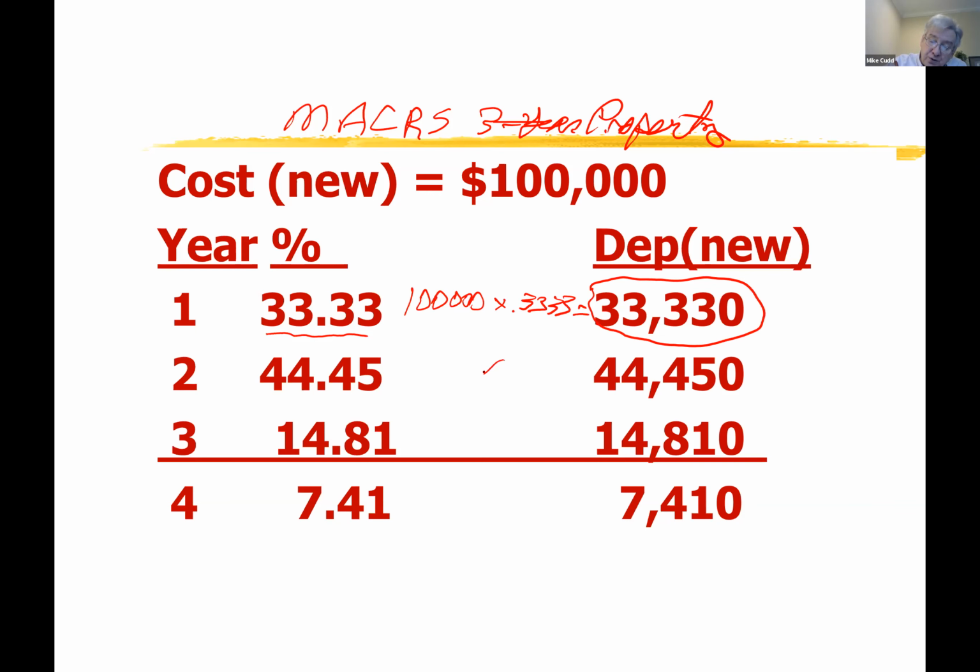If we do the same for each of the other years, that gives us what our depreciation expense would be for each of the 3 years of operation.